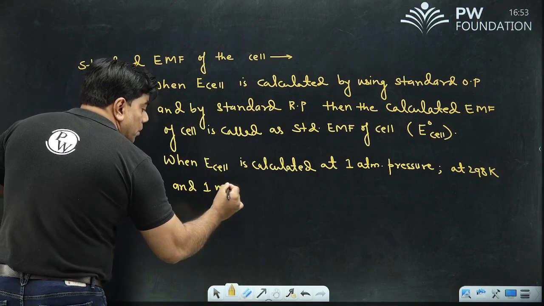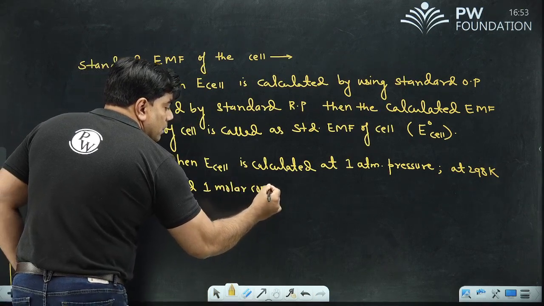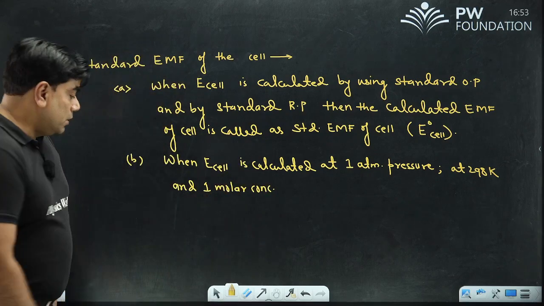This is the most important part, beta. 1 molar concentration.